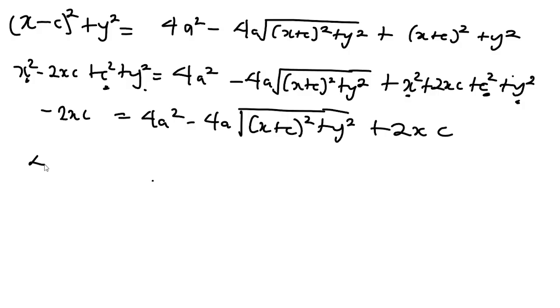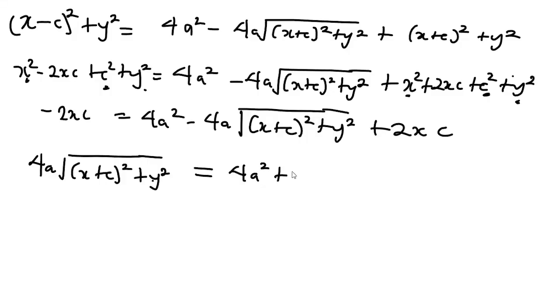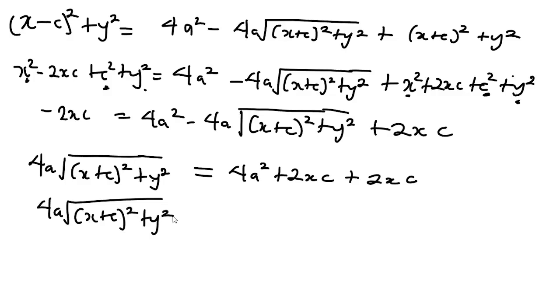Then we have 4a root of x plus c all squared plus y squared, then being equal to 4a squared plus 2xc. This will cross, we have plus 2xc. Now we have 4a root of x plus c all squared plus y squared being equal to 4a squared plus 4xc.